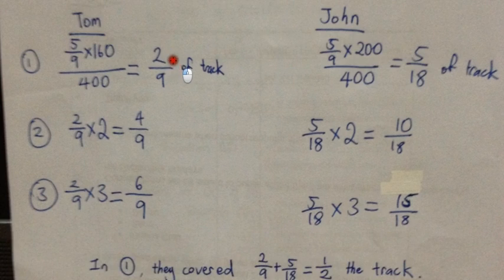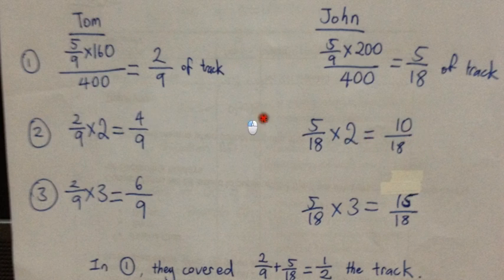So, by taking multiples of 5 out of 9, I'll take 2 out of 9 of the track multiplied by 2 equals 4 out of 9, which is the fraction of the track that Tom would have covered. For John, it will be 5 out of 18 times 2, giving us 10 out of 18.